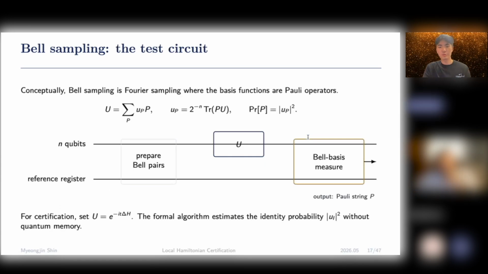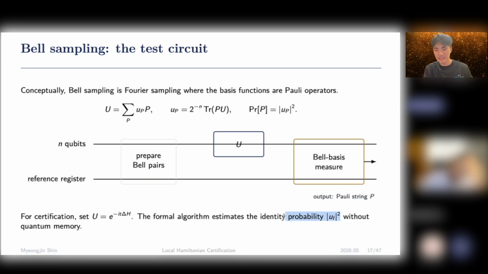In this work, the important quantity is the Bell sampled outcome of the identity probability, which is the coefficient in front of the identity I when we represent the unitary u in the Pauli basis.